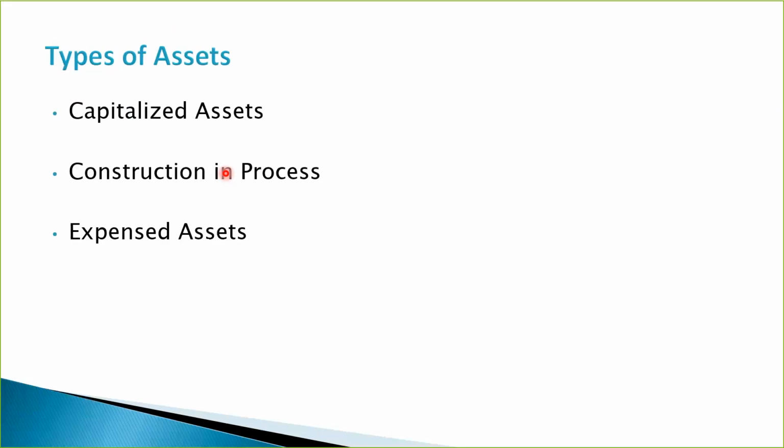They bought the parts and they're putting them together, okay? So that is an example of an asset that could be construction in process. And usually these construction in process assets will then become capitalized assets, which you will be generating depreciation expenses for. So that's construction in process, and we are going to be abbreviating this actually as CIP. Okay, so when we say CIP, this is what we mean.